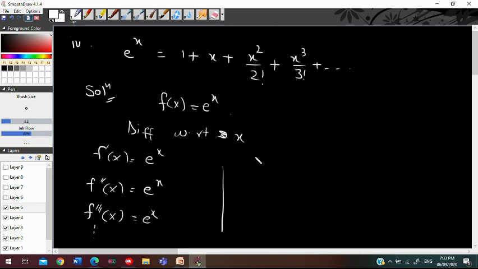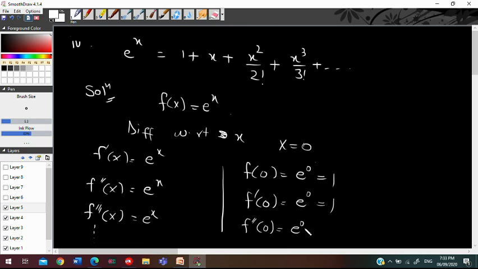And if you check all these values at point 0, f of 0 is equal to exponential 0, which is 1. f prime of 0 is exponential of 0, which is 1. f double prime of 0 is exponential of 0, which is 1. f triple prime of 0 is exponential of 0, and exponential of 0 is equal to 1. f fourth of 0 is exponential of 0, which is 1, up to so on.